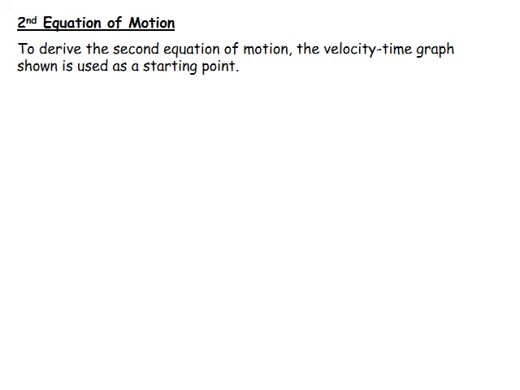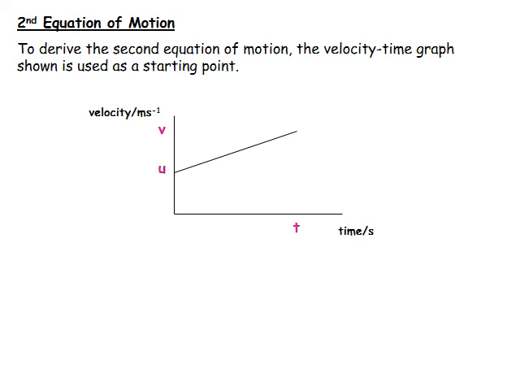The second equation of motion starts with a velocity time graph. As we'll already know from National 5 physics, we can work out the displacement of an object from the area underneath a velocity time graph. And this approach for the second equation of motion uses this fact, that you're basically working out the areas.